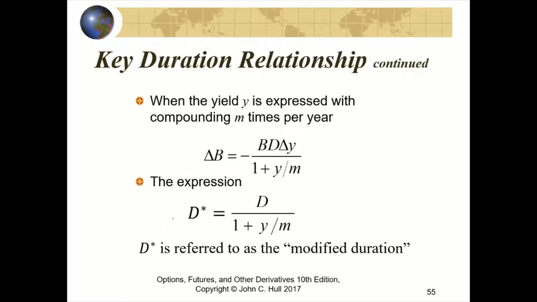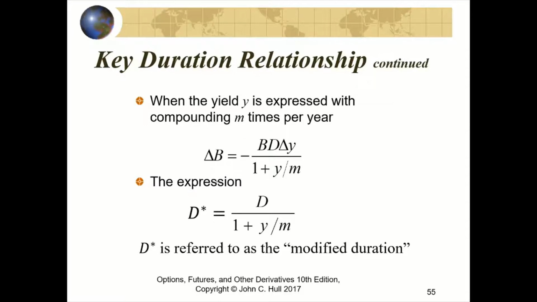Now what we dealt with in the previous example, and also the previous formula, is that we assumed that the yield is expressed with continuous compounding. However, sometimes we are faced with a situation where the yield is not expressed with continuous compounding. Instead, it's expressed with compounding m times per year.